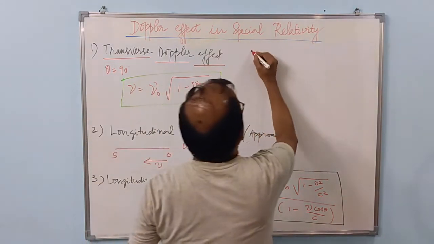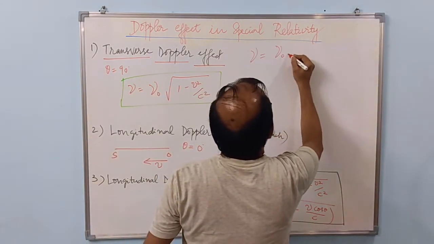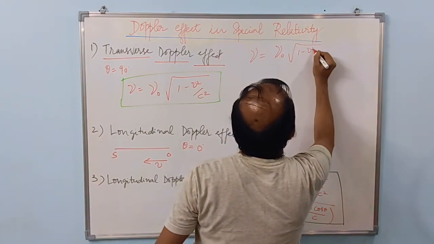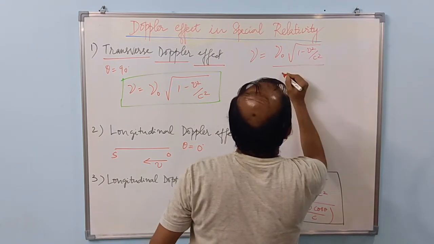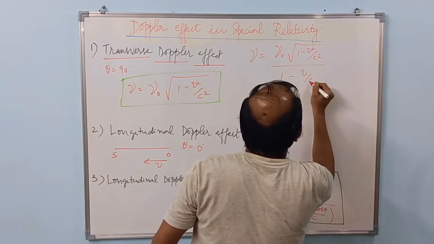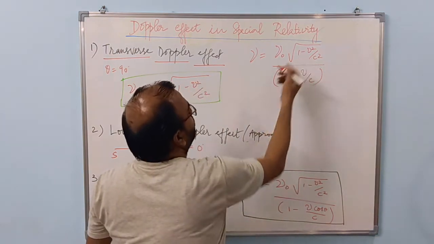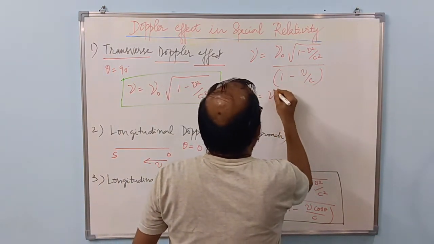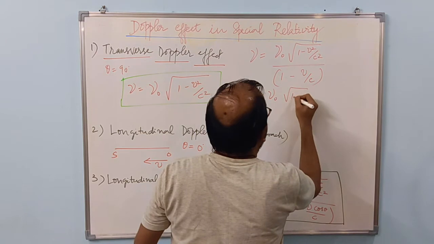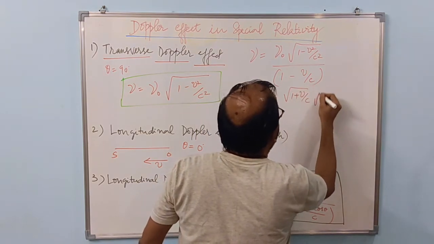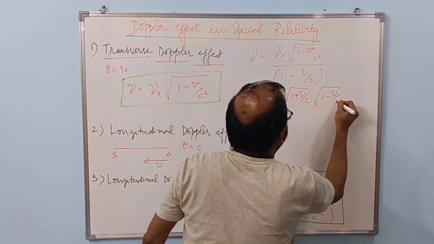So I will continue the steps here. Nu is equal to nu naught square root of 1 minus v squared over c squared. In the denominator I will have 1 minus v over c. And the numerator I will again write as nu naught square root of 1 plus v over c times 1 minus v over c.